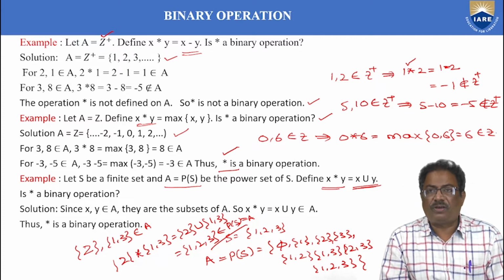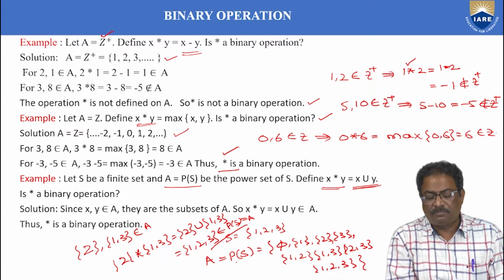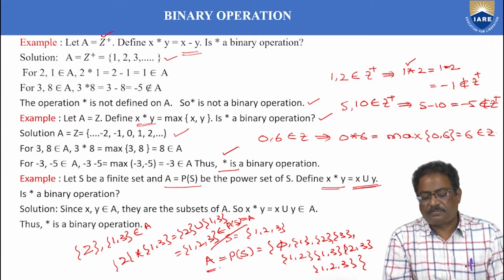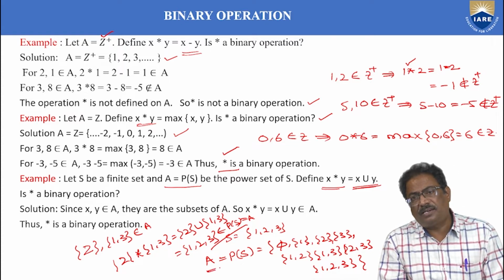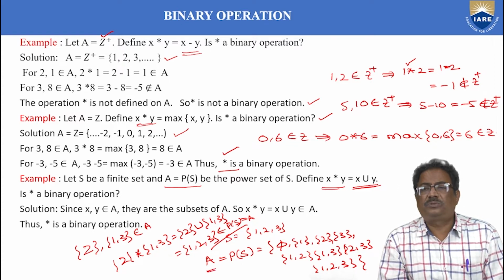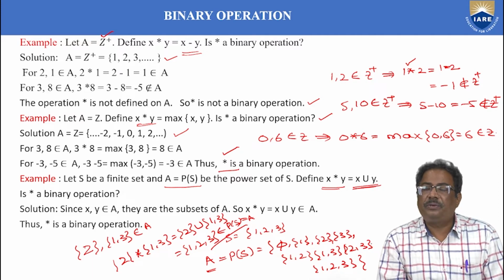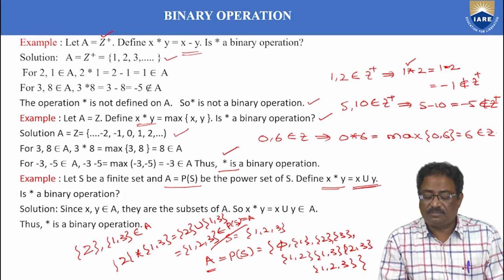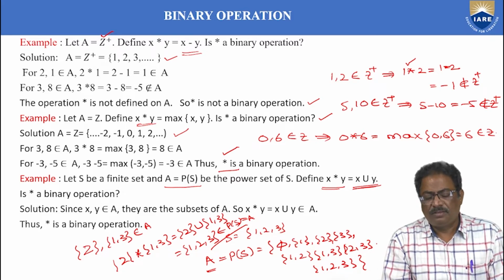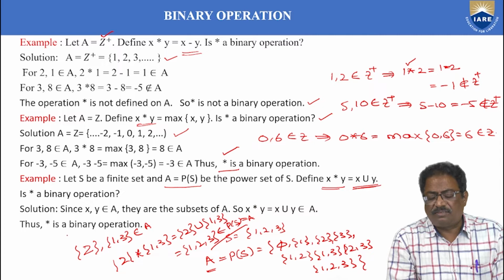Any two elements if you consider from A, two elements means here two subsets we have to consider from A. Then the union of those two subsets is also a member in that. So we can say that star is a binary operation.